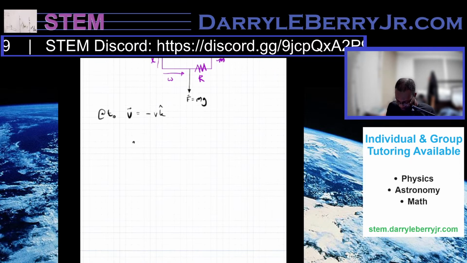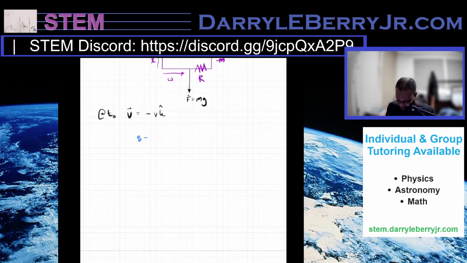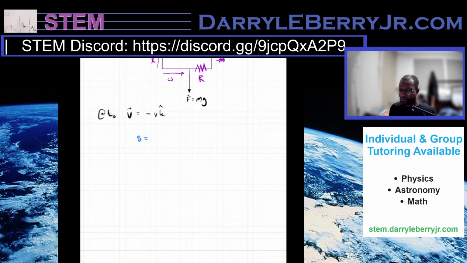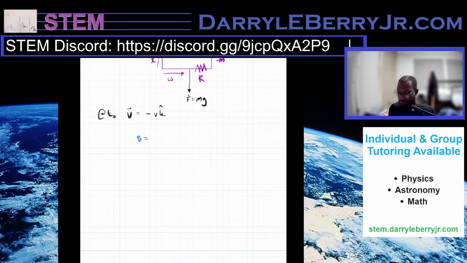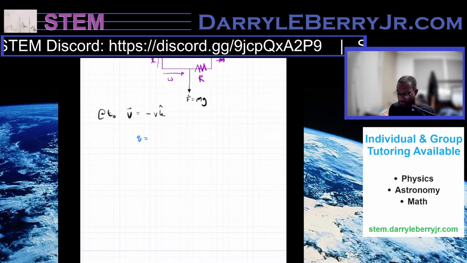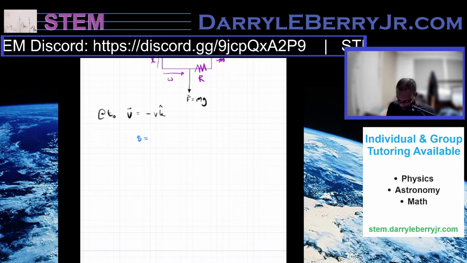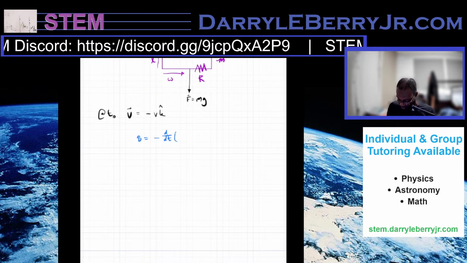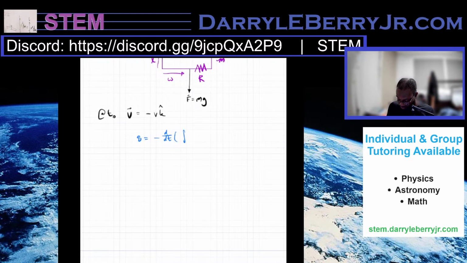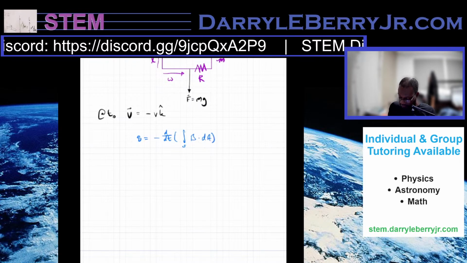So we have the electromotive force equals, now look at the formula sheet, negative d over dt of the integral over the surface of B dot dA.